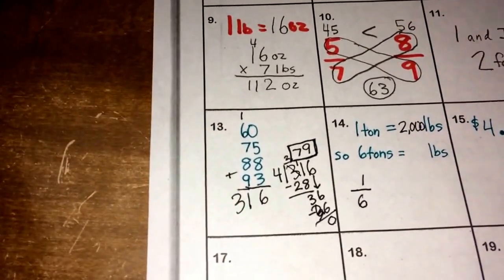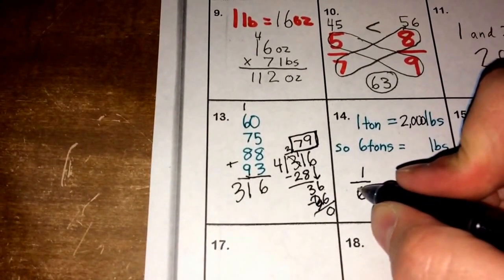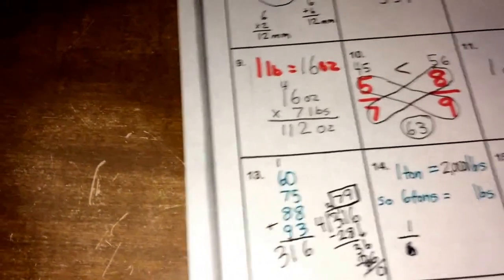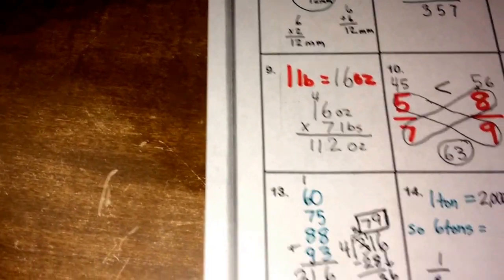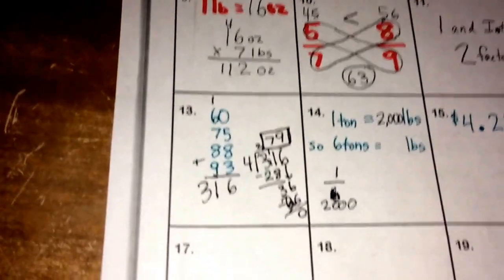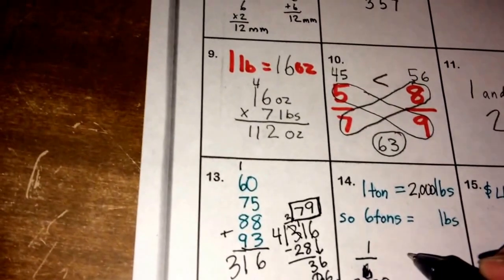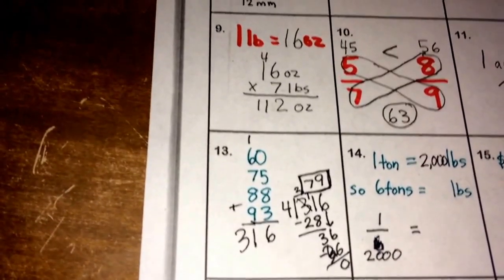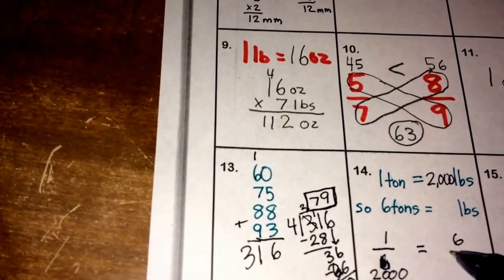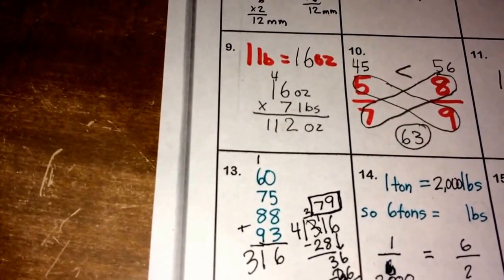So, and I did that wrong, excuse me. 1 ton equals 2,000 pounds. So I'm going to put that 1 ton over 2,000 pounds, which is equivalent to 6 tons equaling how many pounds?